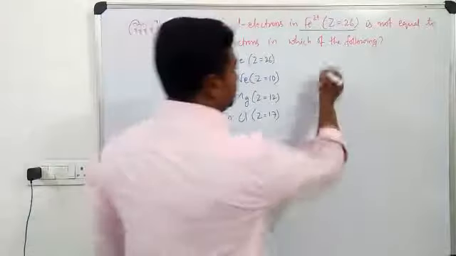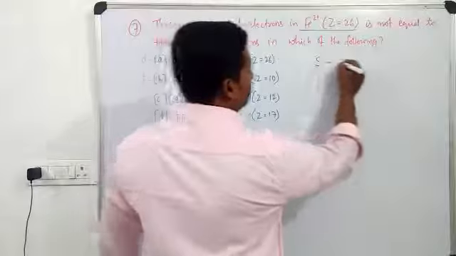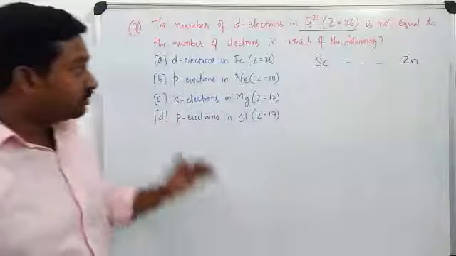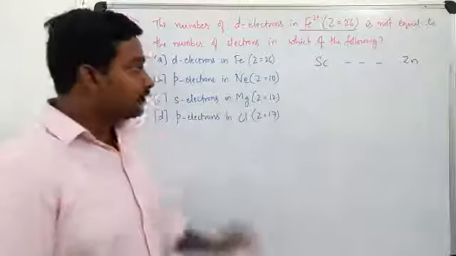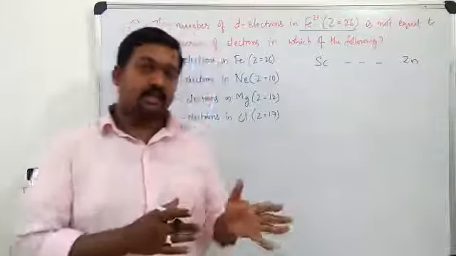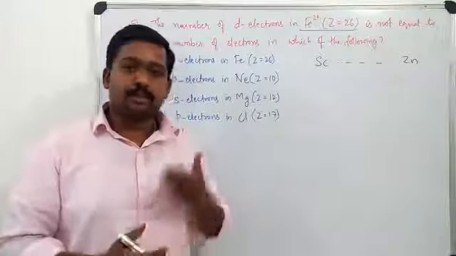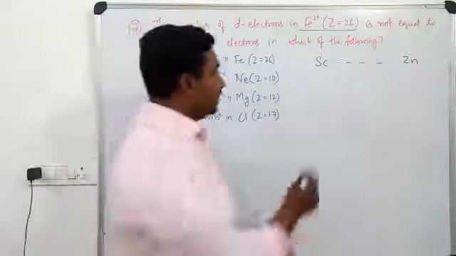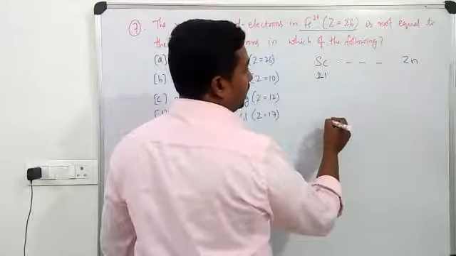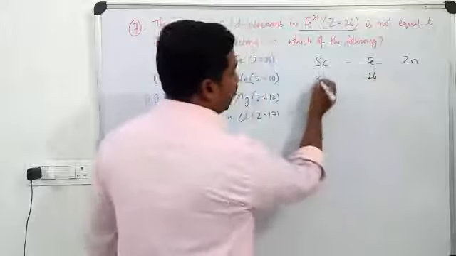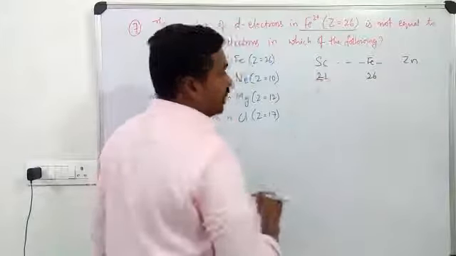For your information, there is one easy way to remember the configurations of 3D series elements starting from scandium to zinc. If you just remember these 10 elements, you can write their atomic number and configuration with respect to the atomic number easily. Like scandium has atomic number 21, and I'll consider iron also. Iron has 26. Look at the numbers 2, 1.